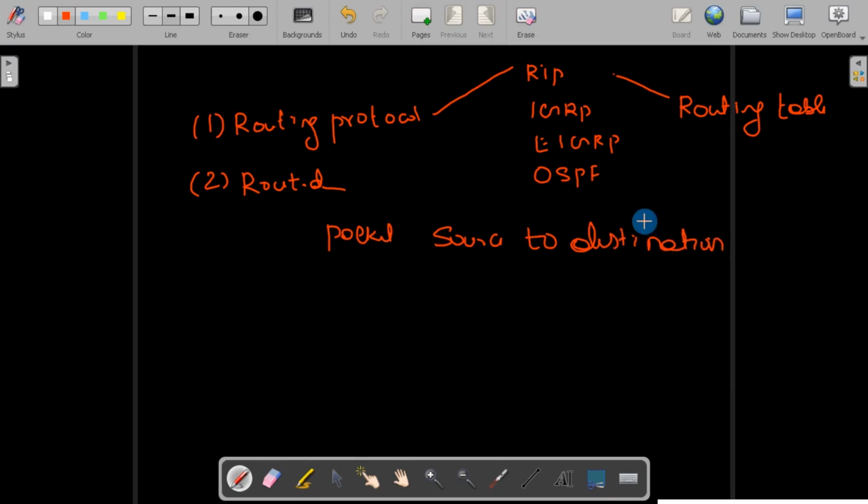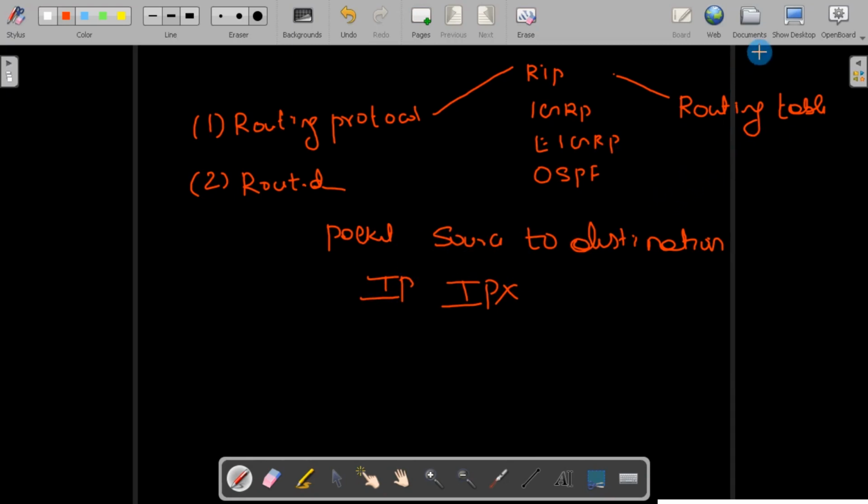Then, which are routed protocols? Routed protocols are IP version 4, IP version 6, IPX. All these are called routed protocols. So, a routing protocol is used by the router to compute the routing table. Routed protocols are used by the router to transfer the data packet from source to destination, which in turn makes use of the routing table.